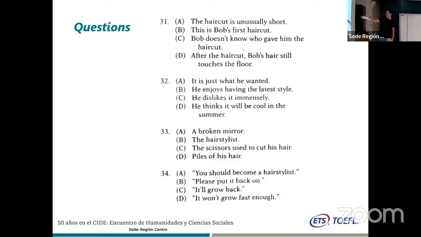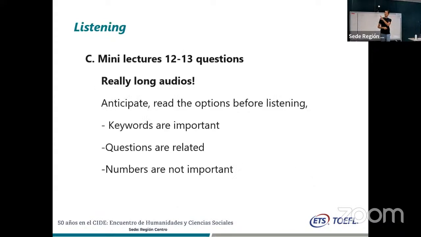And then broken mirror, hairstyle, scissors, piles of his hair, okay, an element there. And finally, you have quotation marks here. This is like a type of advice, maybe. So before listening, I already have like 40% of what is going to be mentioned, okay? This is in the second section, and the third section is very similar to this one.